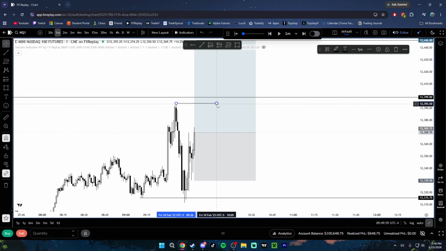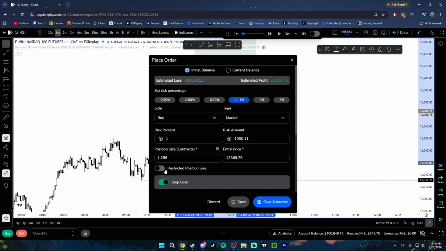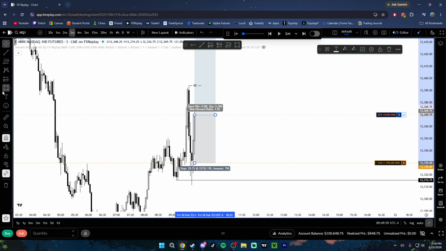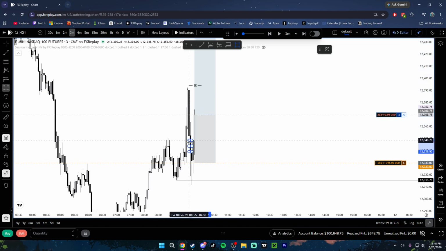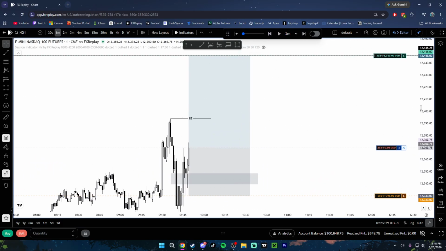And then we can break even right here. And we inversed this 3-minute. I just want extra confirmation because when we inversed it, we swept this as well. And we could reject from that and go lower, but we didn't.